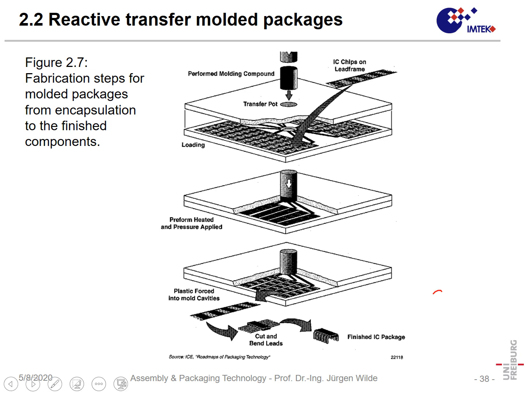We can see it here in more principle. We have the top side of that heated tool, we have the underside. Here we have the IC chips on the lead frame which were pre-assembled. On top is the transfer pot. The molding compound is placed inside that pot, and then a piston presses it.